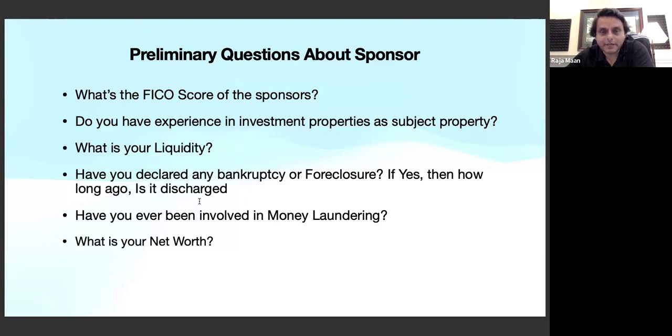Have you declared any bankruptcy or foreclosure? If yes, then how long ago was it discharged? That is a very important question, because most lenders don't touch it in, I would say, A lending, where you get a better rate. Hard money lenders, they don't care. But when you go to a DSCR program, if you declared bankruptcy like a year ago or yesterday, it's really hard to fund those deals.